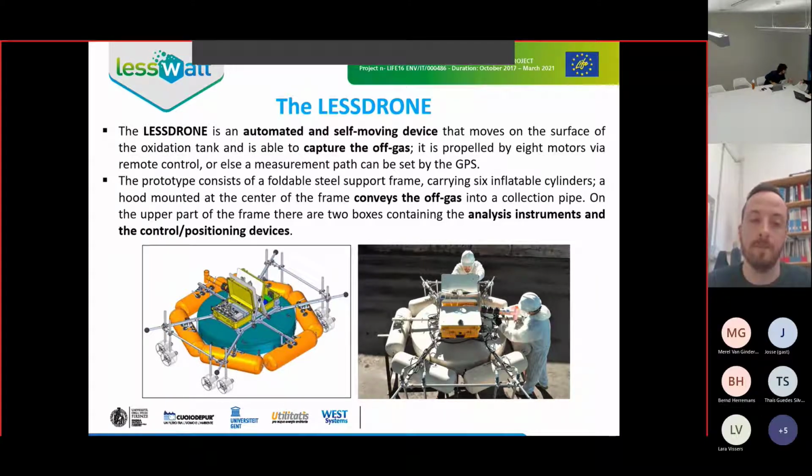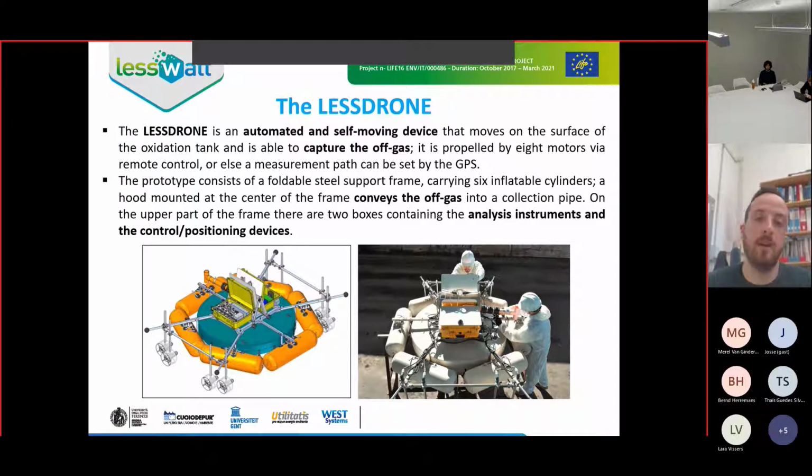It is propelled by 8 motors. It's possible to control the LESSDRONE by a remote controller, or else the measurement path can be set by the use of a GPS.